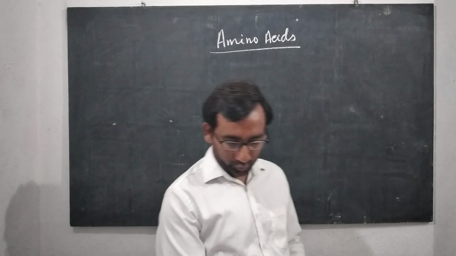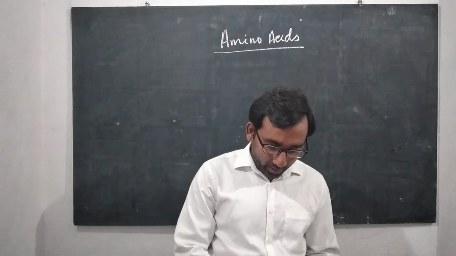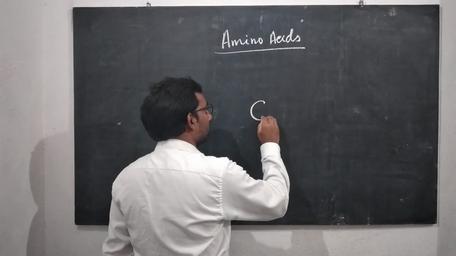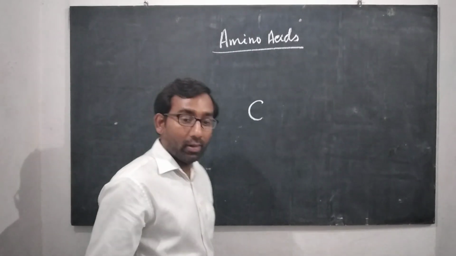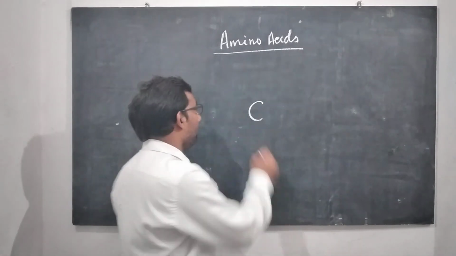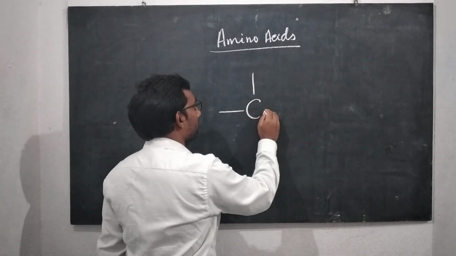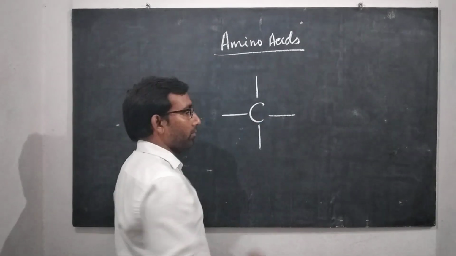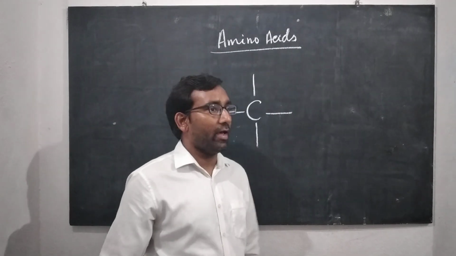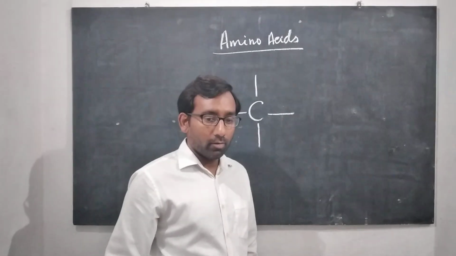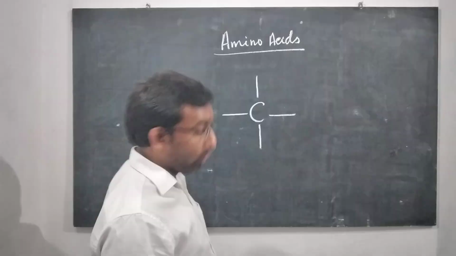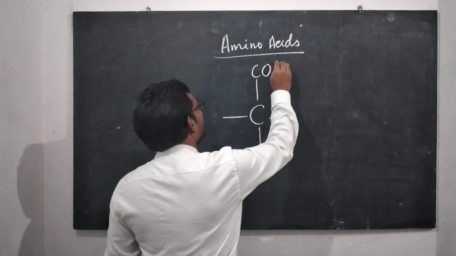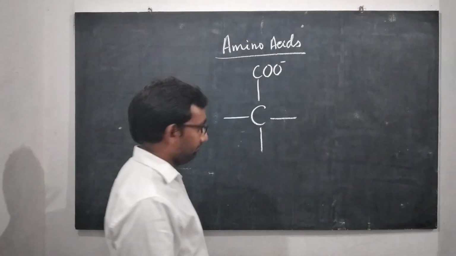The general structure of an amino acid is: take a carbon, and as you are well aware, carbon has a valency of 4. Just put 4 bonds, and these 4 valencies are to be satisfied by groups of atoms. What are they? This side is the carboxyl group, COO minus.